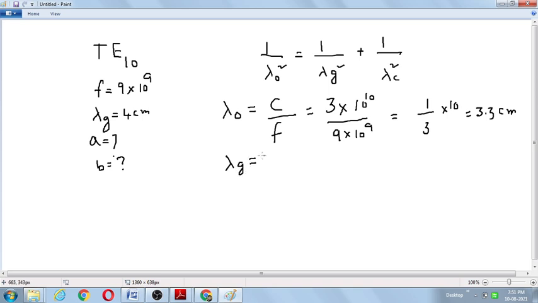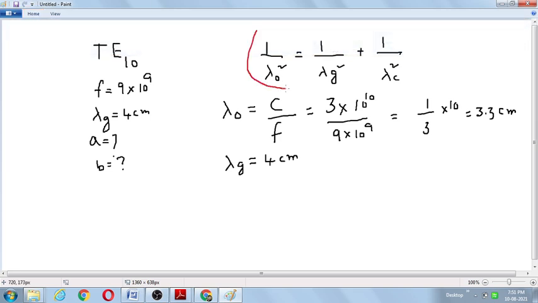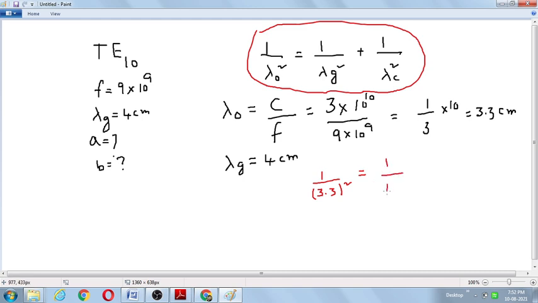So we substitute these lambda naught and lambda g values in this equation. 1 by 3.3 whole square is equal to 1 by 4 square plus 1 by lambda c square.